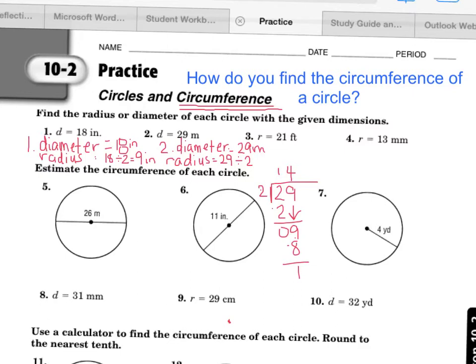And you have 1 left over. Add a decimal and 0 and bring it down. 2 into 10 is 5. So that would be 14 and a half meters. Okay?